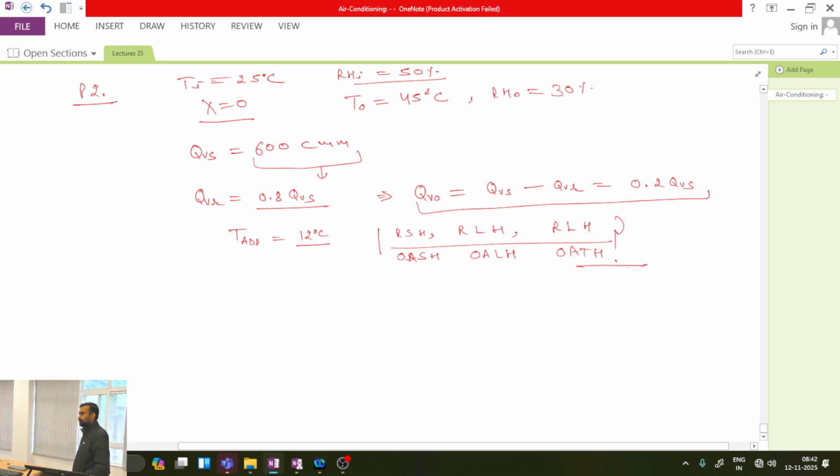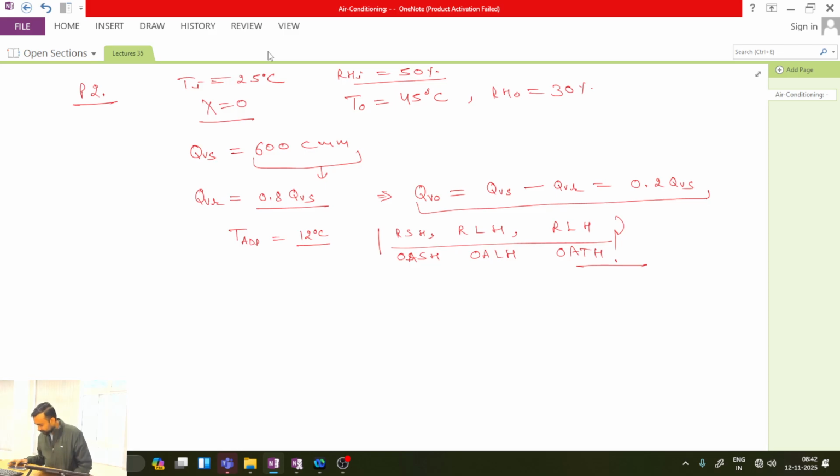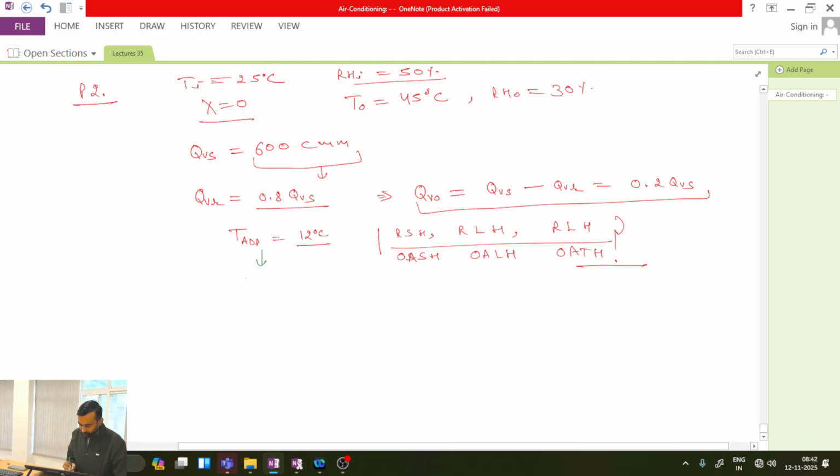How to proceed? Please tell me. So from TADP, using the tables, first I need to calculate WADP. How can I calculate this WADP?